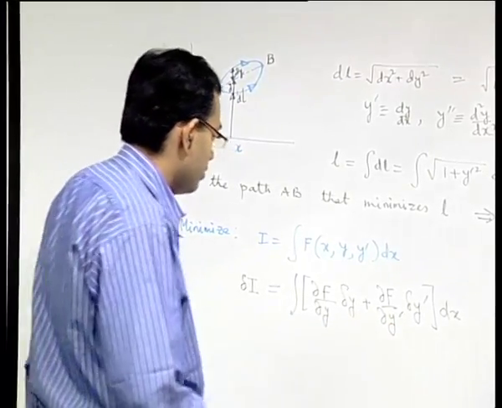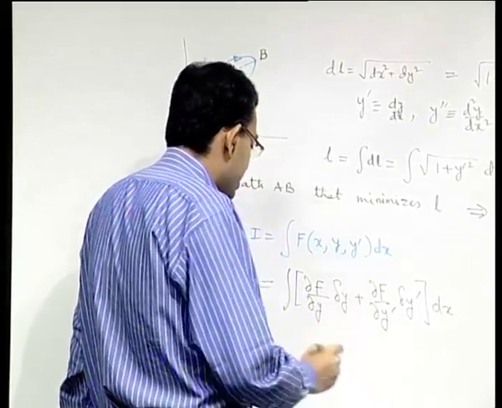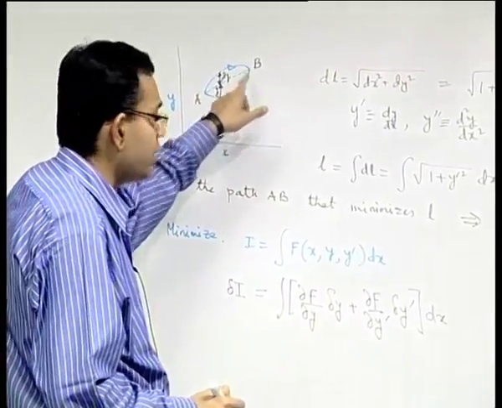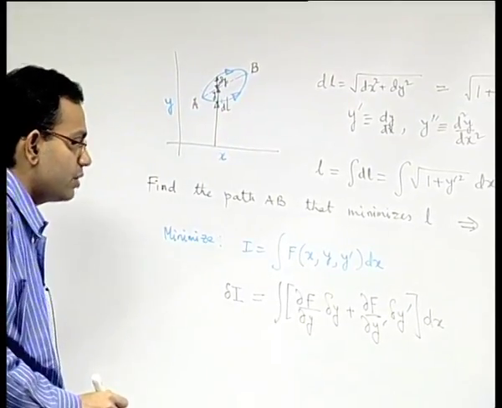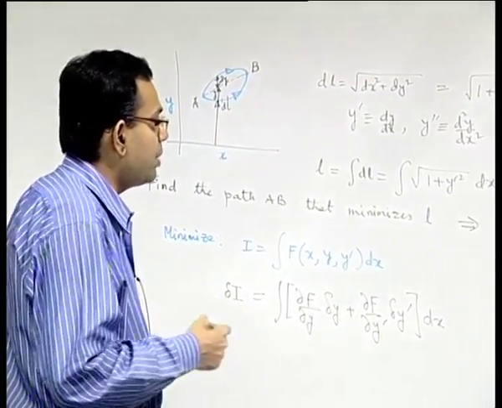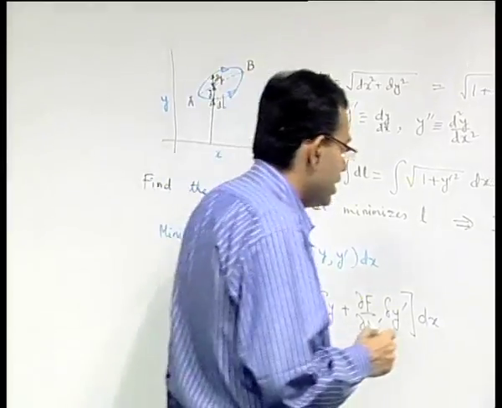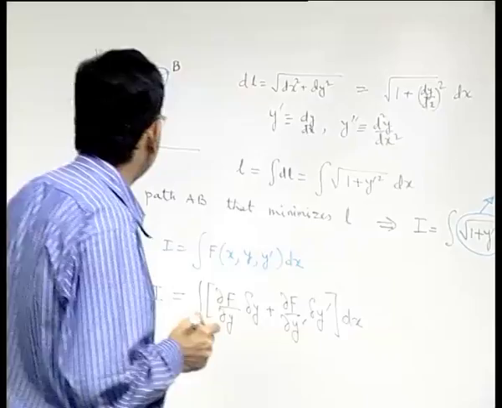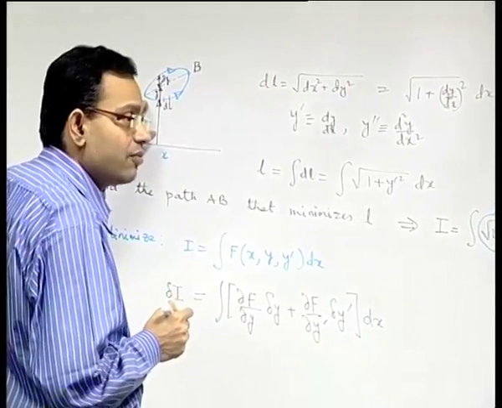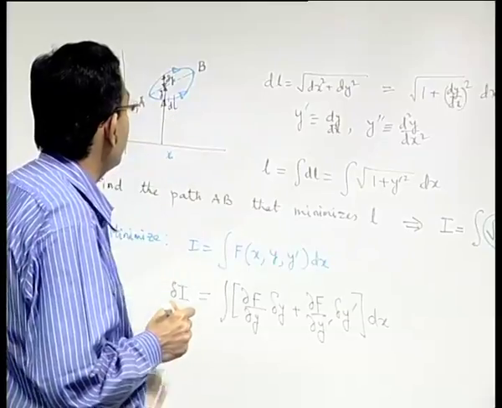Now, remember this integration is from a to b for the two endpoints. So, what are the boundary conditions which are there? The boundary conditions given are that at a you are having a specified y, at b you are having a specified y.